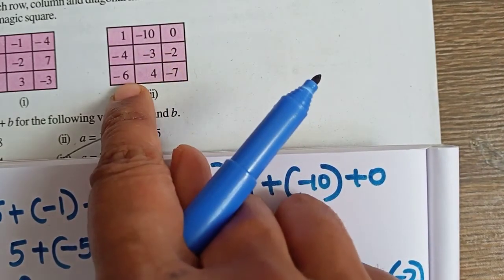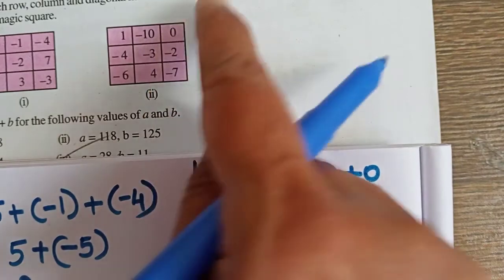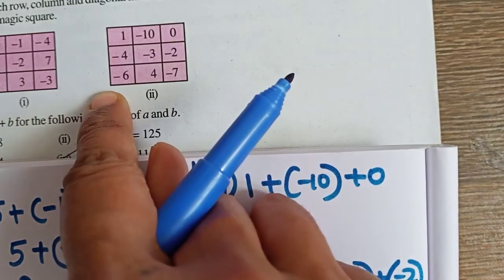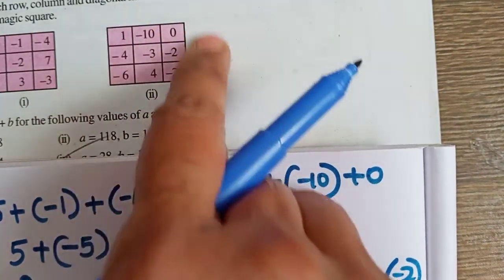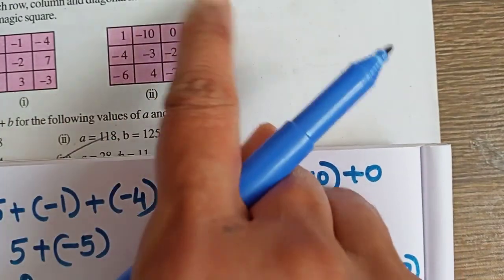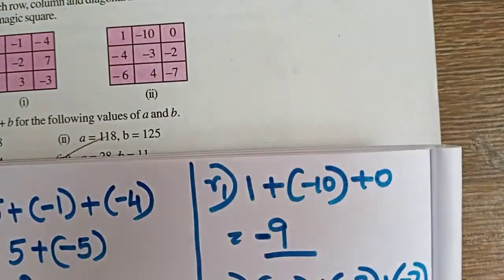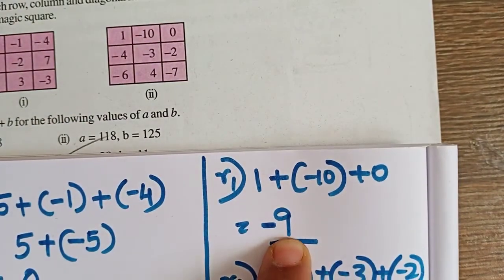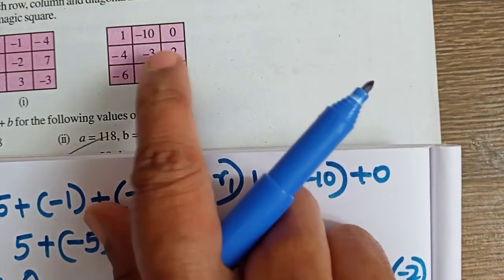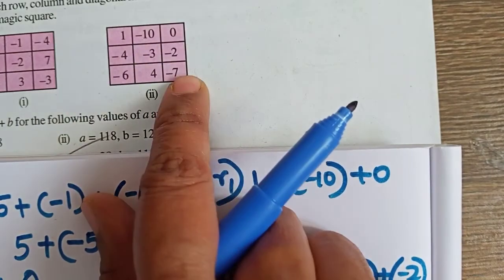Minus 3 plus minus 6 is minus 9. So this is also giving you an answer of minus 9. So however you add row wise, column wise or diagonally both sides, you are getting a minus 9. That's why this one is a magic square.